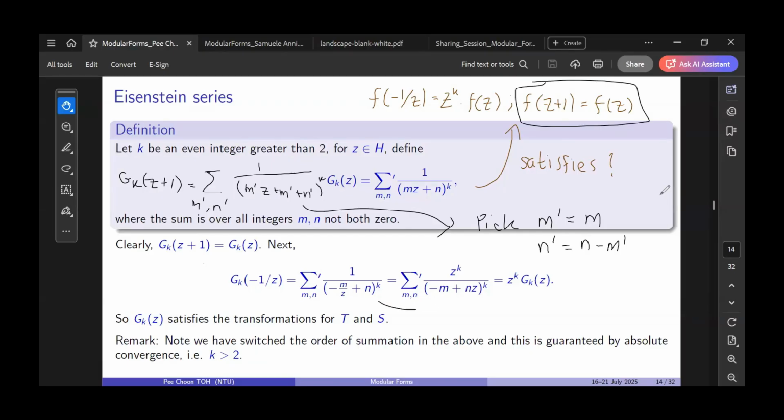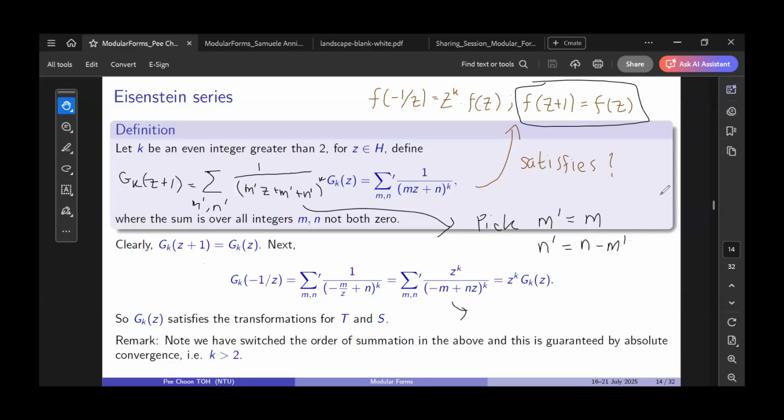it is equal to this form, but you substitute z with -1/z, obviously. We can then multiply the numerator and the denominator with z to the power of k. And this one, obviously, you might ask, well, but why is it g_k? This is different, right? So this is mz plus n, this is minus n plus mz.